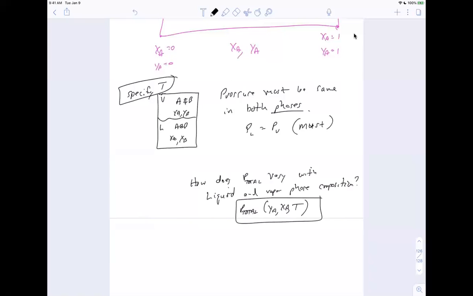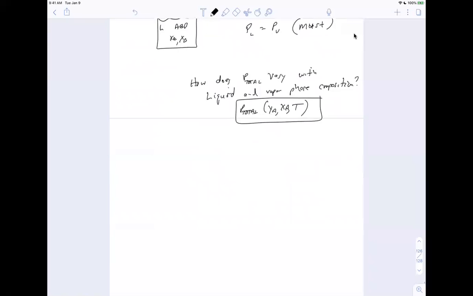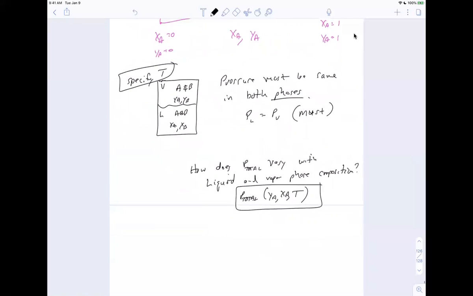And at the end of last class, by assuming that the liquid and vapor are ideal, okay, so the vapor is a gas, ideal system of ideal gases, and the liquid is ideal.